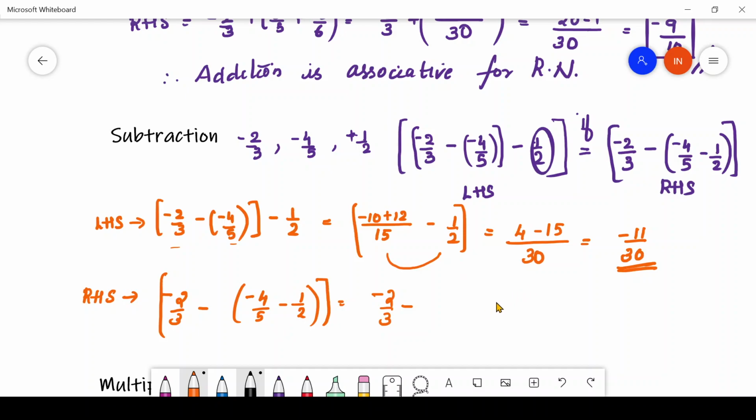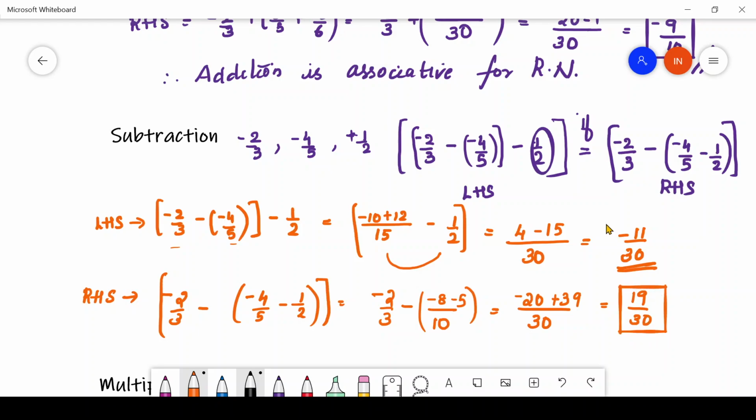So 5 and 2 we have, and the LCM is 10, and the numerator will be negative 8 and negative 5, right? And now we have 3 and 10 as the denominator. The LCM of this is 30. Then the numerator will be negative 20 plus 39. So you will get the answer as positive 19 by 30.